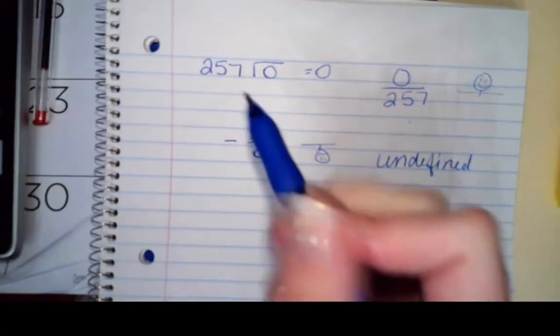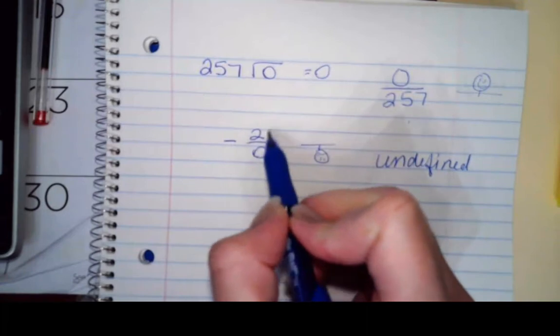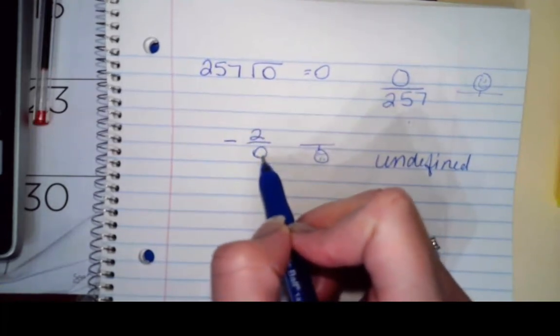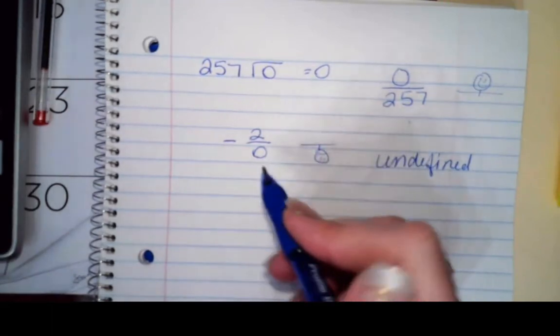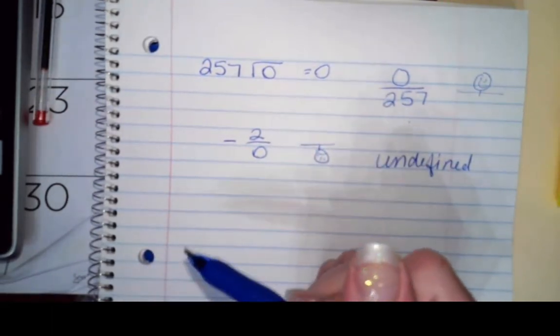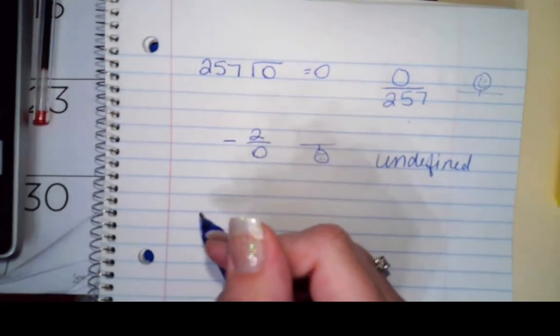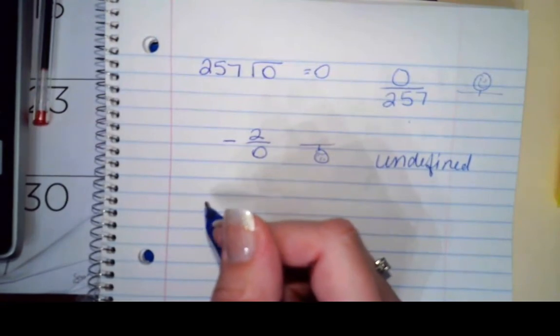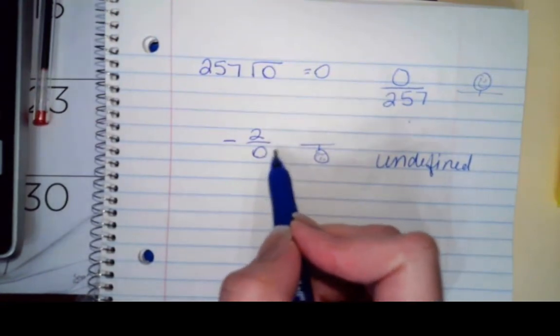It's just undefined. But what happens if I have 2 cookies and I try to divide them among no people? That is impossible because I have cookies. It's impossible to give them to no people because somebody has them already. So it's undefined.